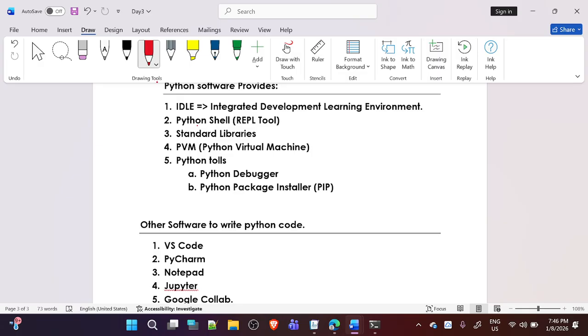So it provides IDLE and the Python shell, which we have seen, which means the REPL tool. What is the meaning of REPL?